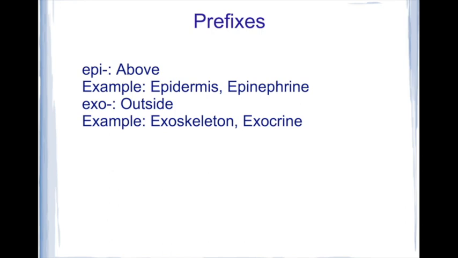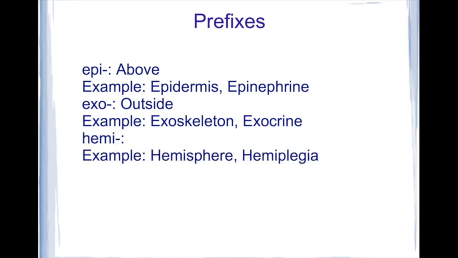Okay, hemi, like hemisphere, or hemiplegia. Plegia means paralysis. So what is paralyzed if somebody has hemiplegia? Think of our planet split into hemispheres. Think about the brain split into hemispheres, right? Hemi means half. So we have an eastern hemisphere or northern hemisphere, southern hemisphere.